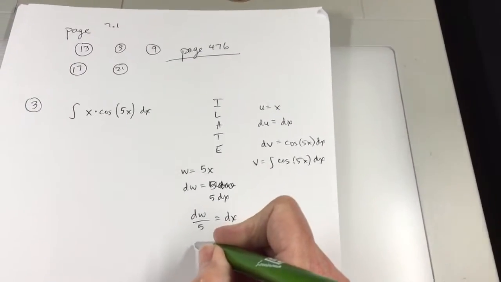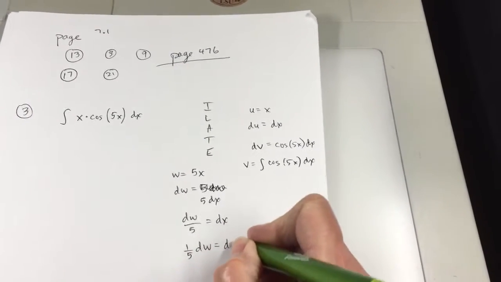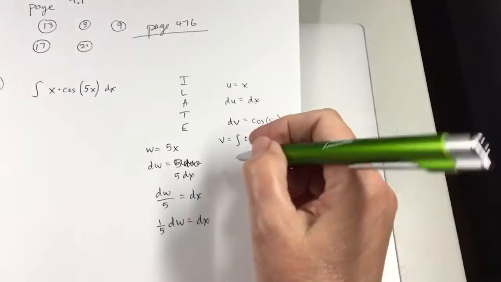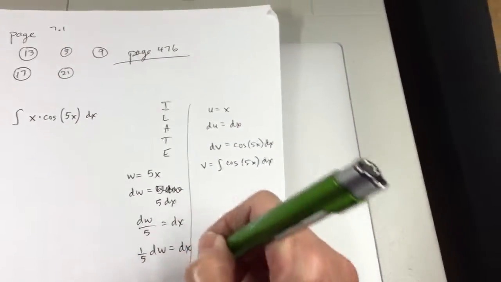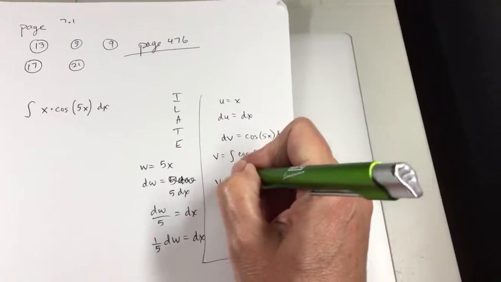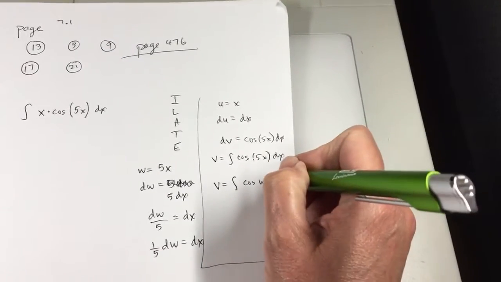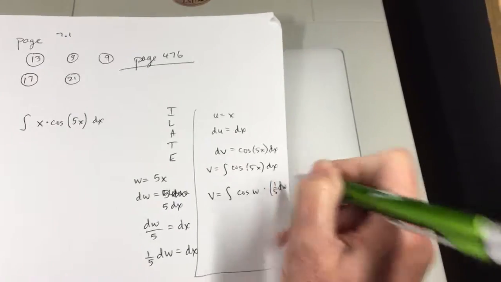That is the same as 1/5 times dw is dx. So for the integral of cosine 5x, I'm going to go ahead and put in my W substitution. V is the integral of cosine W times 1/5 dW.